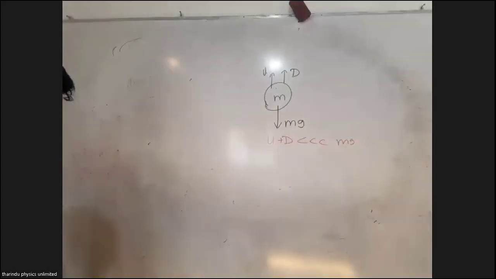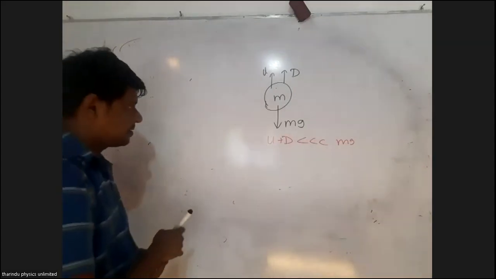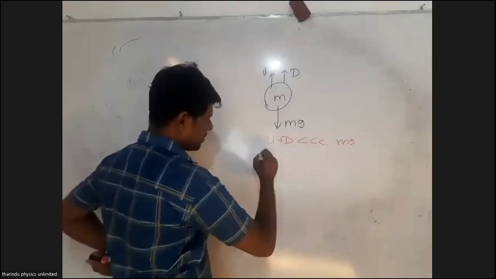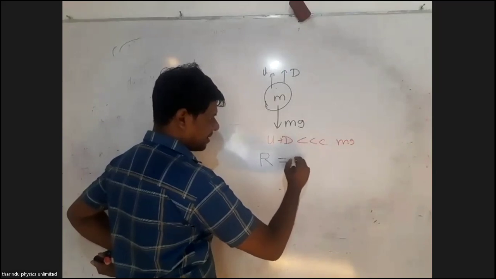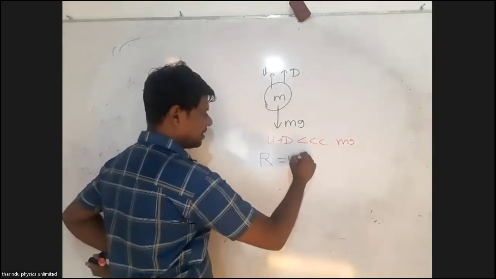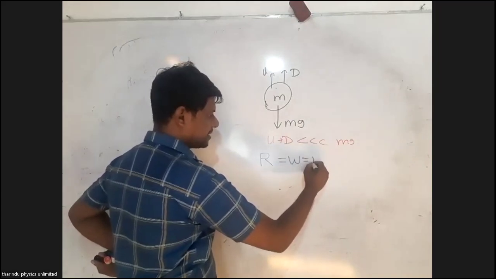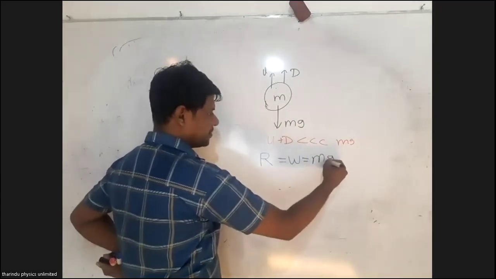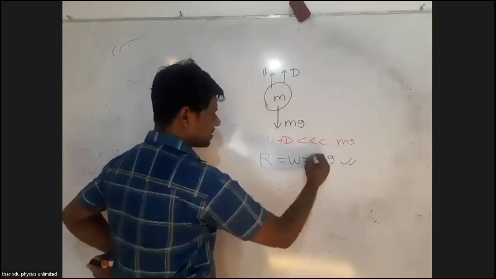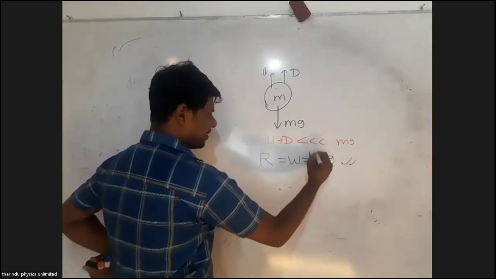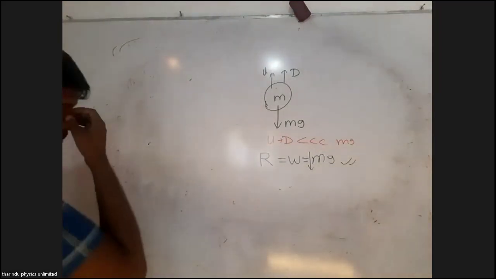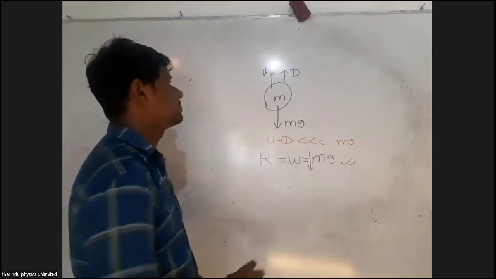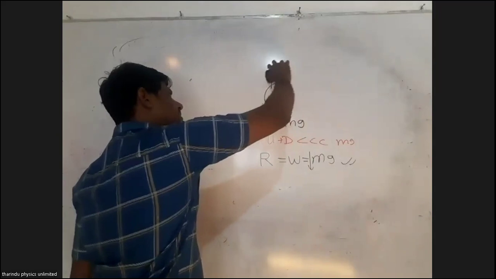Copy this now. So the only external unbalanced force is mg, acting downwards. So the only force is mg now.